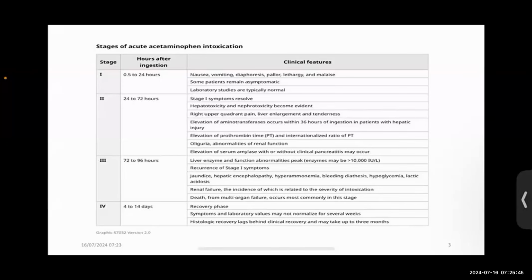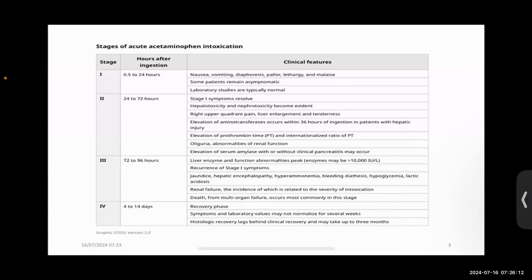Other symptoms we notice concerning nephrotoxicity can include oliguria and also abnormalities of other renal function. Then the third stage is between 72 hours to 96 hours, where typically people will also say the hepatic failure stage, with encephalopathy and even possibly death from acetaminophen toxicity.